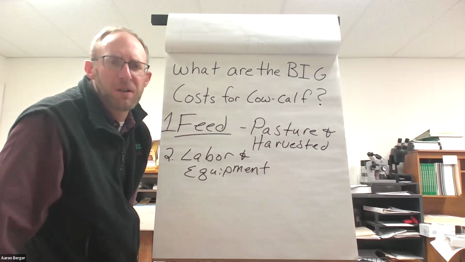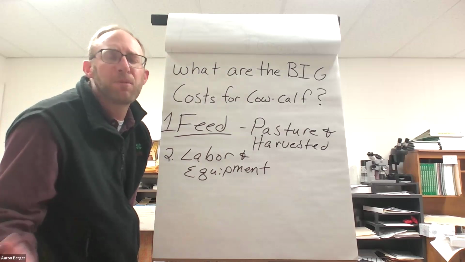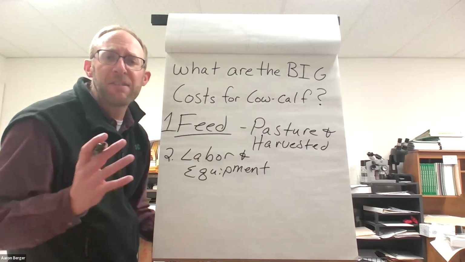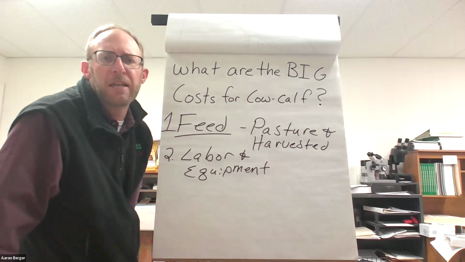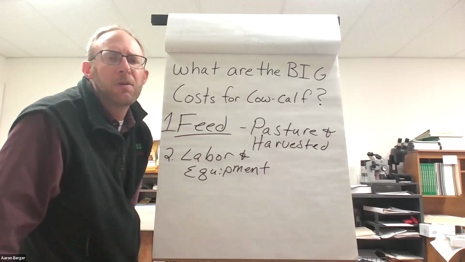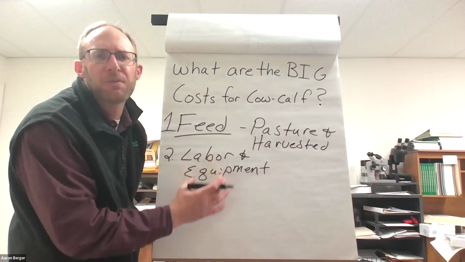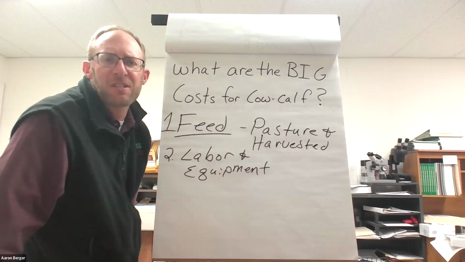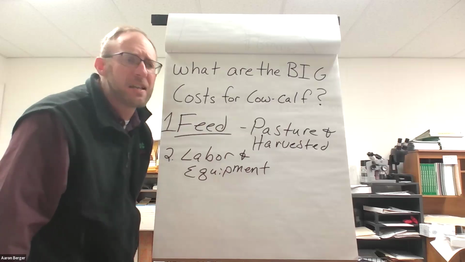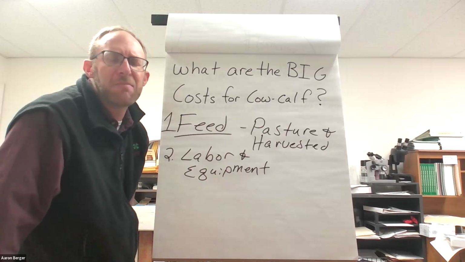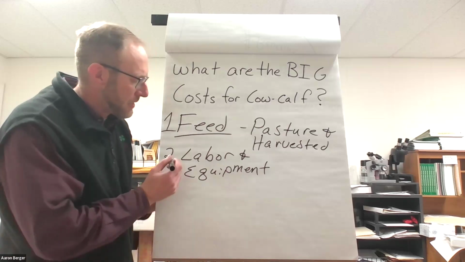Now you see bigger equipment and one or two guys putting up the hay that 6 to 8 people did before. So we have this labor-equipment relationship that I think we need to be real about. We often replace labor with equipment, but guess what? We have to have labor to run equipment, and those two things are tied together. So when I look at annual cow costs, I lump those together as a category. They tend to be the number two cost.